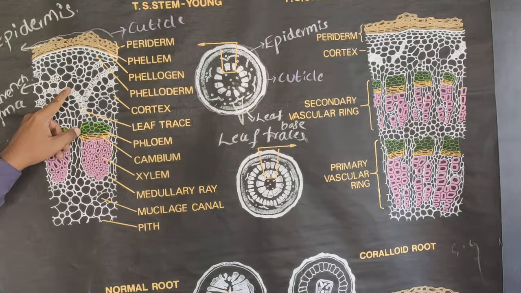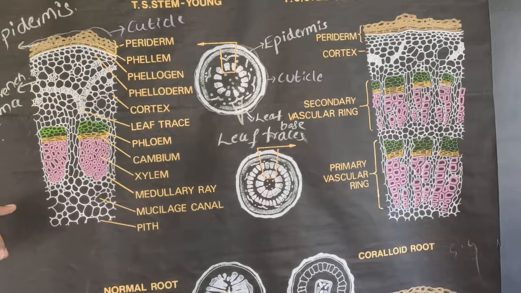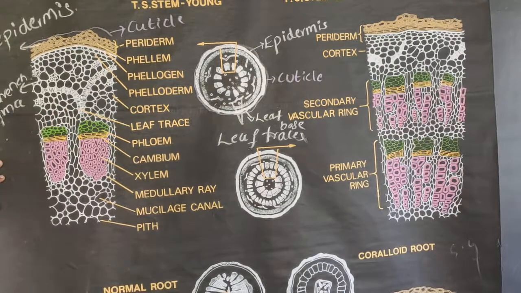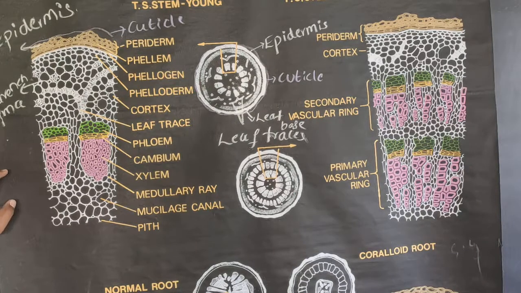Some of the cells are modified into storage cells. Those storage cells store the starch grains. Starch grains are nothing but stored food materials. And some of the cells in the cortex also consist of mucilaginous canals. These mucilaginous canals again help in storing water and food materials.